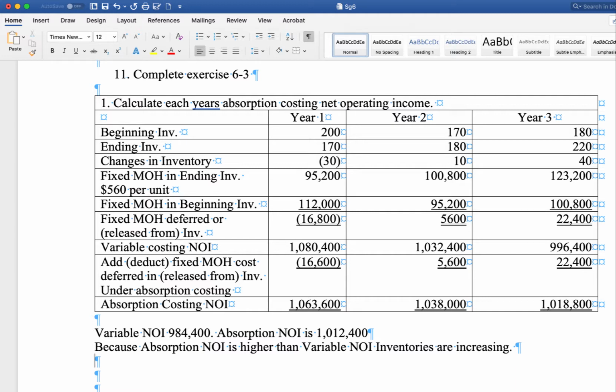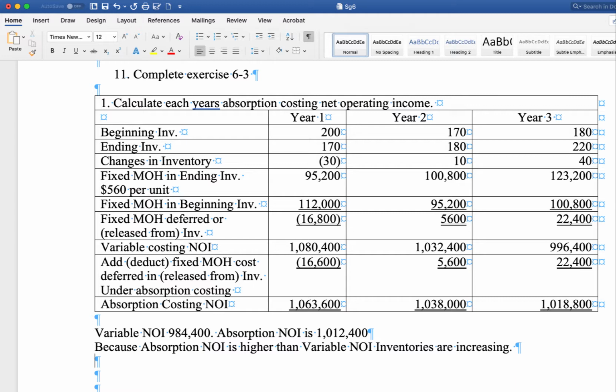So in order for us to figure out the difference between those two, we can subtract our net operating income from the two that we have here, the 984,400 and the 1,012,400.